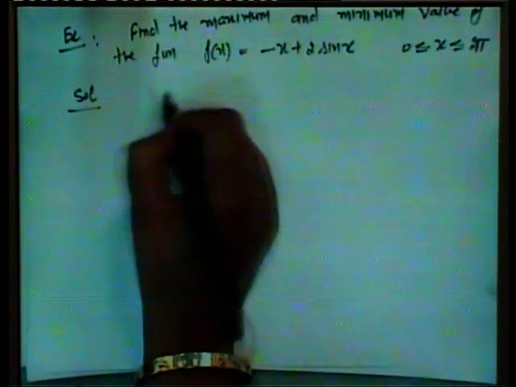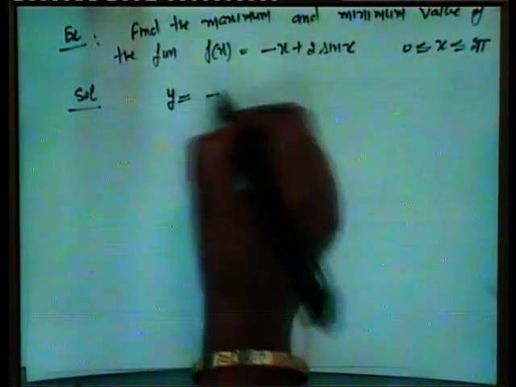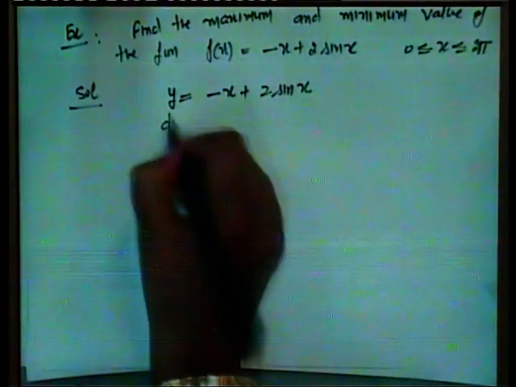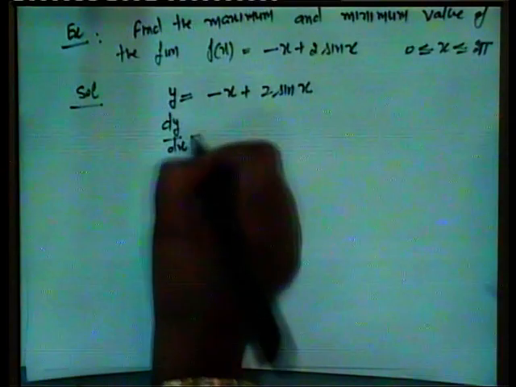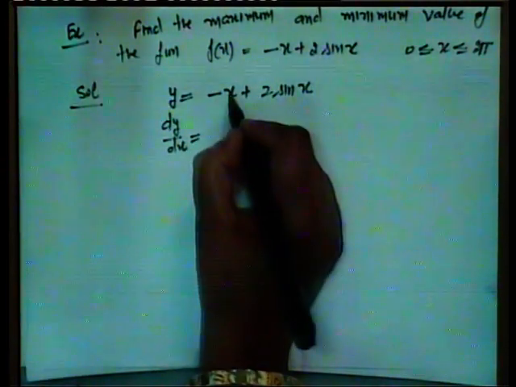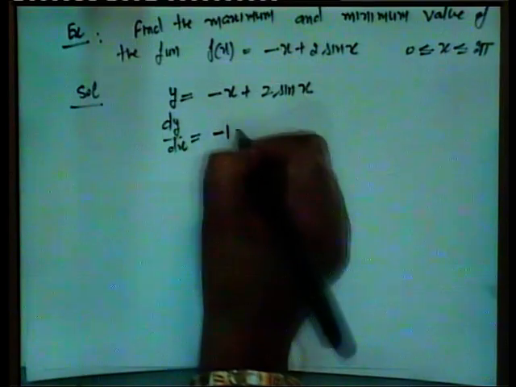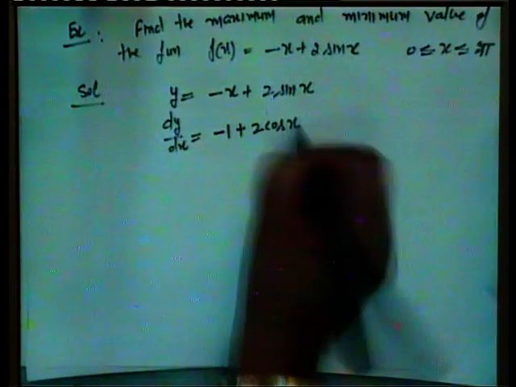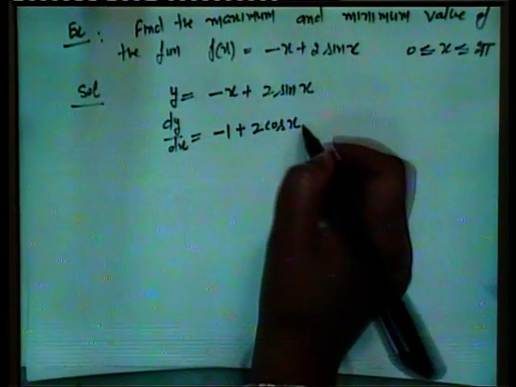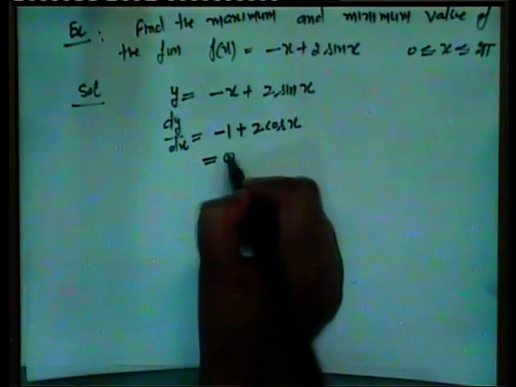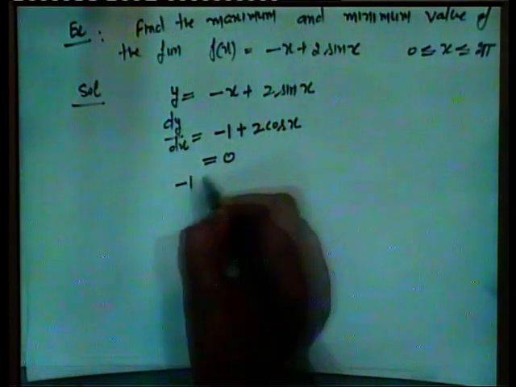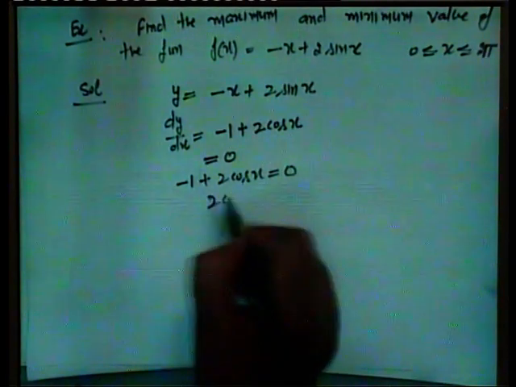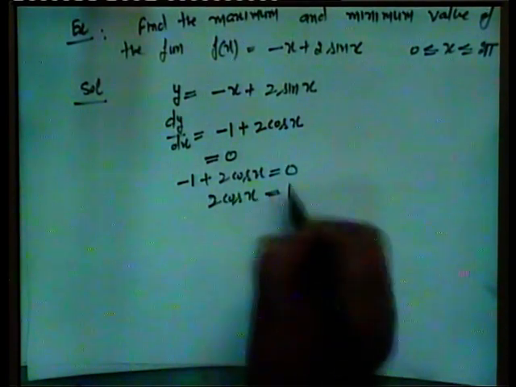First of all, put y is equal to minus x plus 2 sin x. Then find dy by dx. Differentiating with respect to x, the derivative of x is 1 and the derivative of sin x is cos x, so minus 1 plus 2 cos x. Now, put it equal to 0, then minus 1 plus 2 cos x is 0. Therefore, 2 cos x is 1.